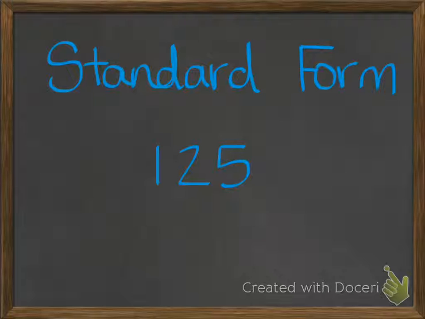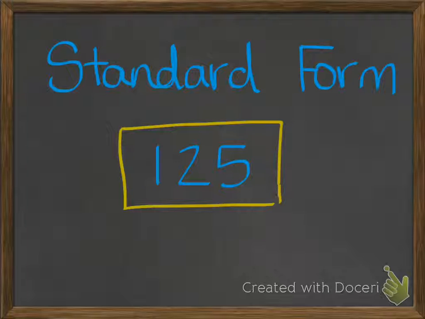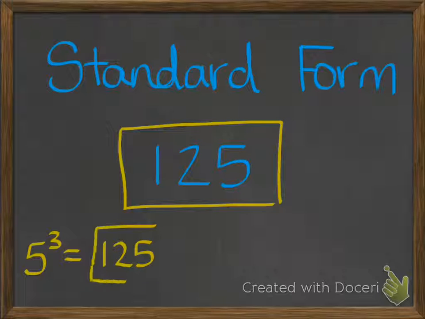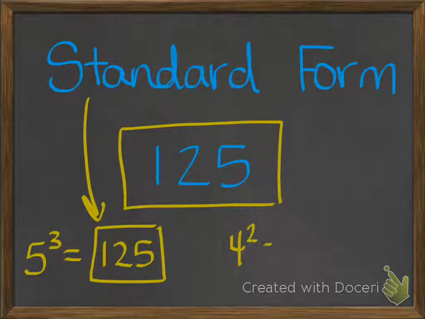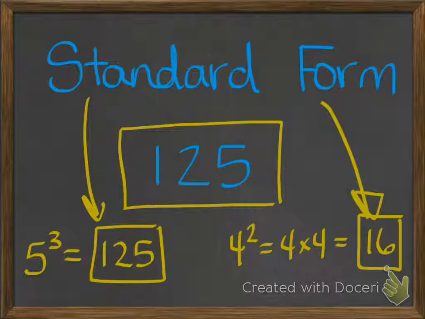Okay, let's try another one. This is standard form. So standard form always is just the number. Just the number, that's it. So when we had 5 to the third power, we knew that that equaled 125. 125 is the standard form. So if I said, what's the standard form of 4 to the second power, you would know that means 4 times 4, which is the expanded form, and then you would figure out, oh, that's 16. 16 is the standard form of that number.